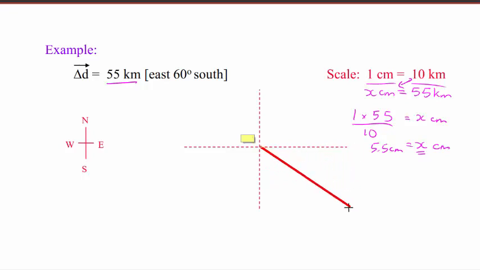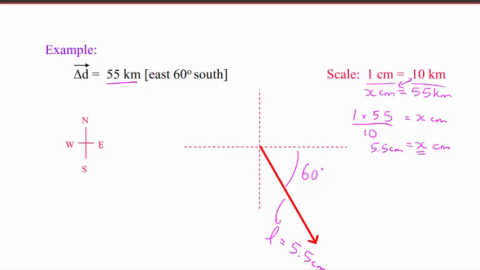So this is a little bit unconventional. So if that was south, be somewhere in this ballpark right here. Okay, so again, measuring that this would be 60 degrees south. And the length of this line was 5.5 centimeters.